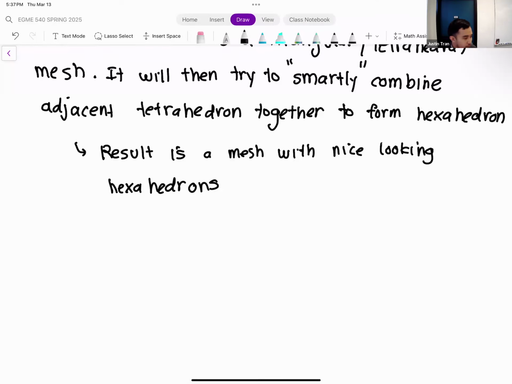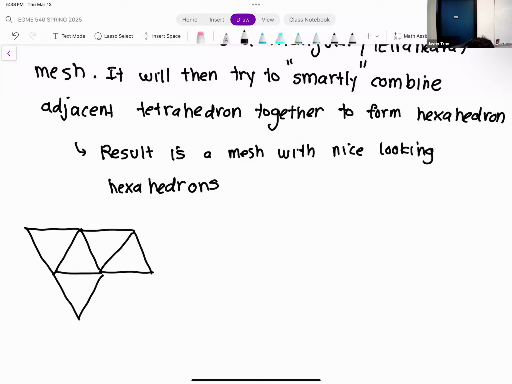If you're working in 2 dimensions, the quad dominant mesh works exactly the same way. Right here is a 2D triangular mesh.